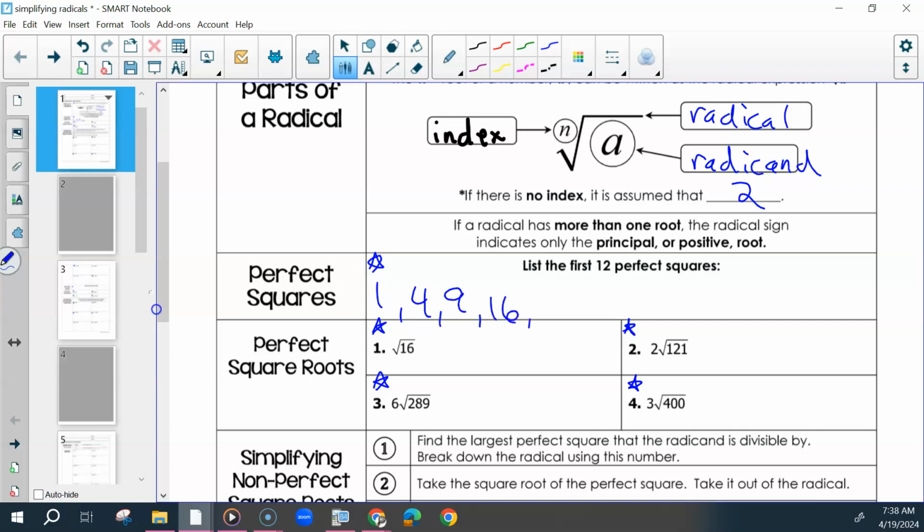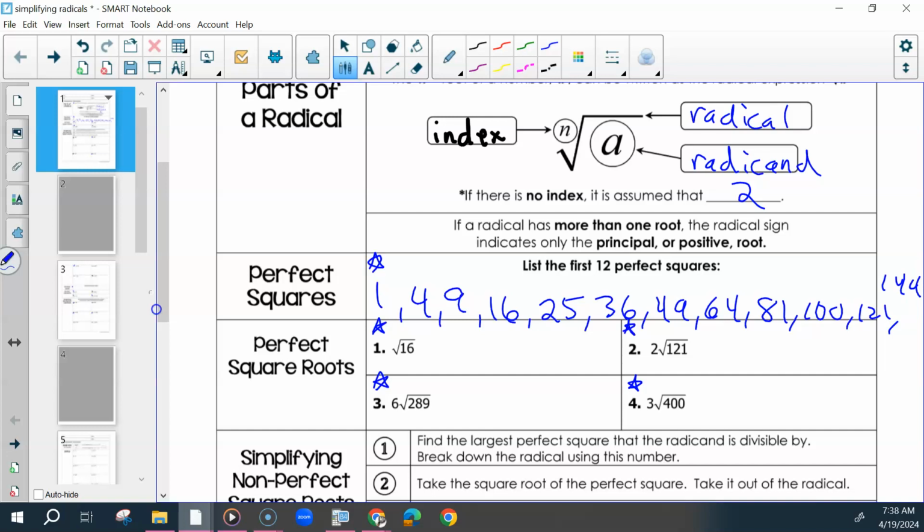And then 5 squared, 25. 6 squared, 36. 7 squared, 49. 8 squared, 64. 9 squared, 81. 10 squared, 100. Skip 10, but okay, 100. And then 121 and 144.